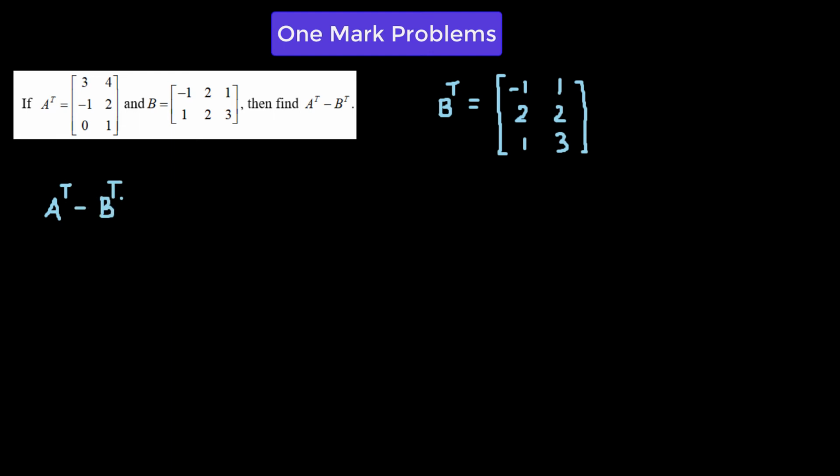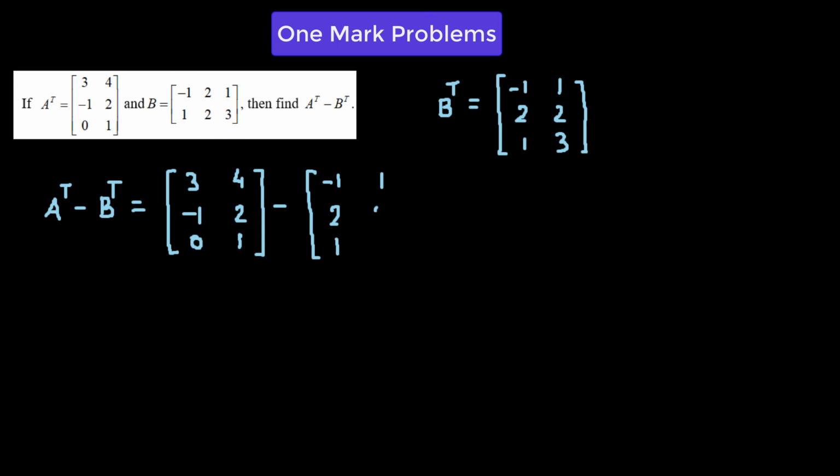We take the matrix A transpose, which is 3, negative 1, 0, 4, 2, 1, and we subtract B transpose, which we just found out.